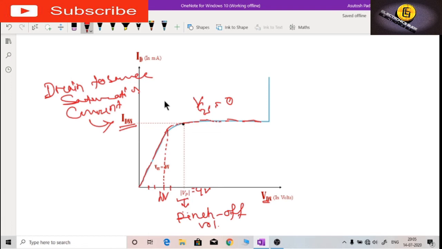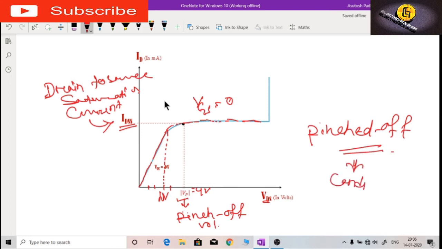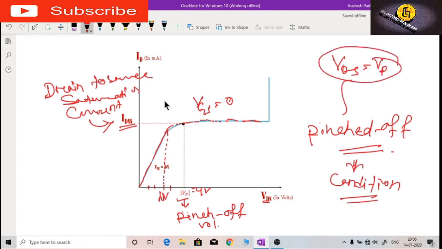After VP, the channel width is not going to change. That means the channel is pinched off. This is known as pinch off condition. When VDS is equal to VP, the channel is pinched off.